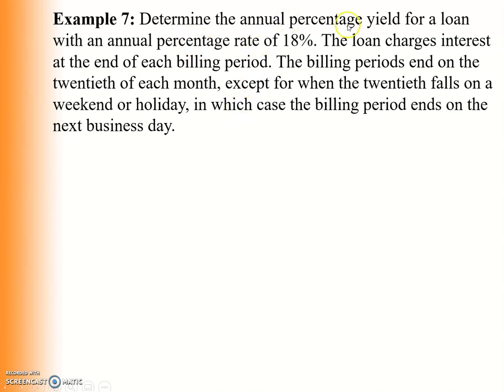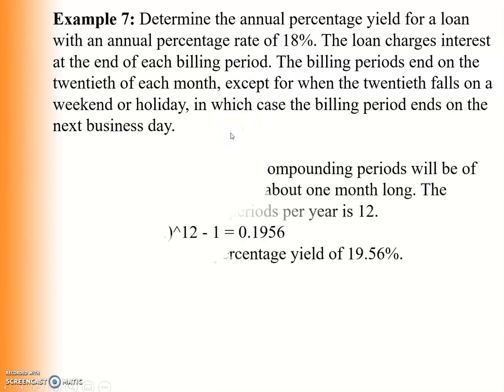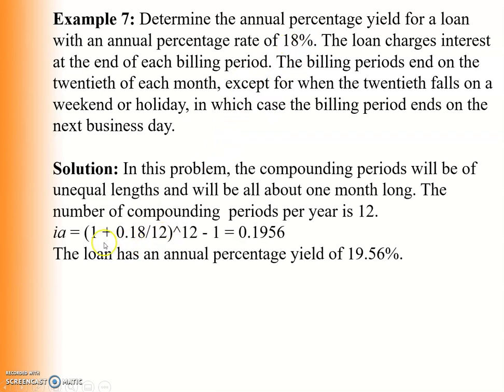18%, and on a monthly basis the interest is charged. So the monthly rate will be 18% divided by 12, and then we can use that formula here, 1 plus 0.18 divided by 12, to the power 12 minus 1, and it will be 19.56%. In this case, the description of the problem says that the compounding period can change.